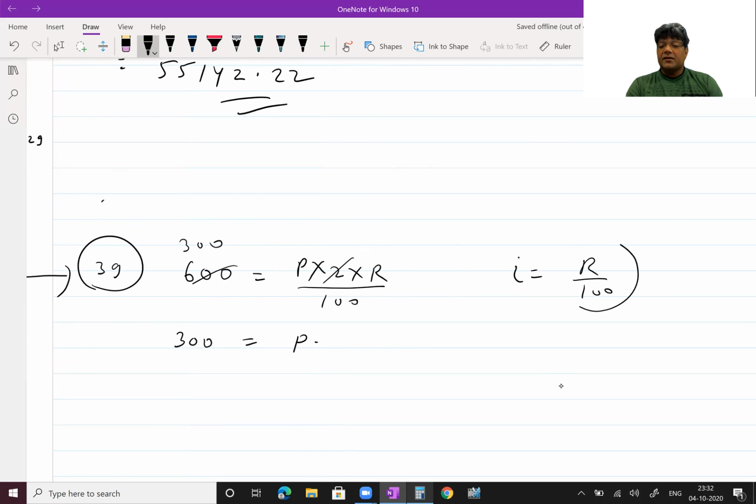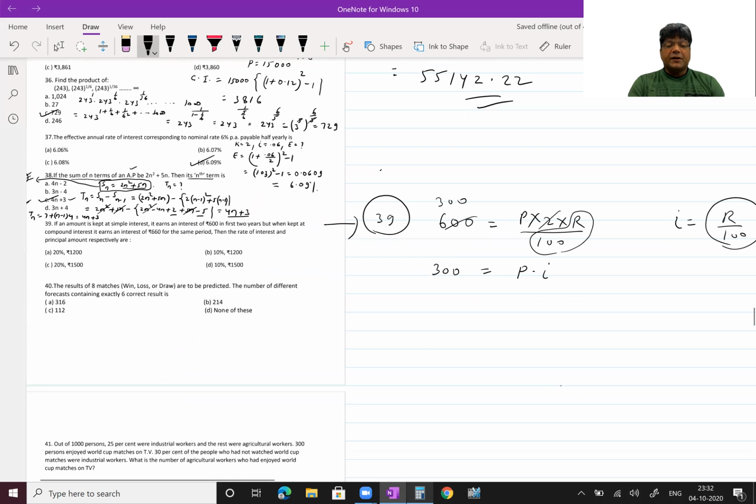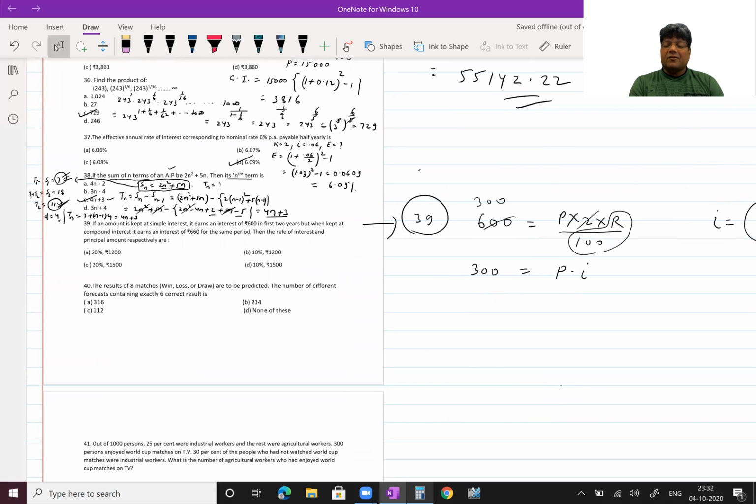So this R by 100 I can replace by I. So it will be PI. 300 is equal to PI. Or I can write R by 100 also, it doesn't matter. But the question is, it earns an interest of 660 for the same period.